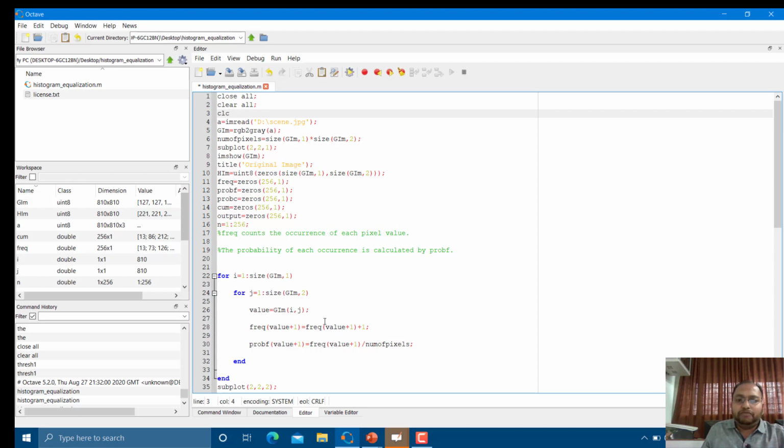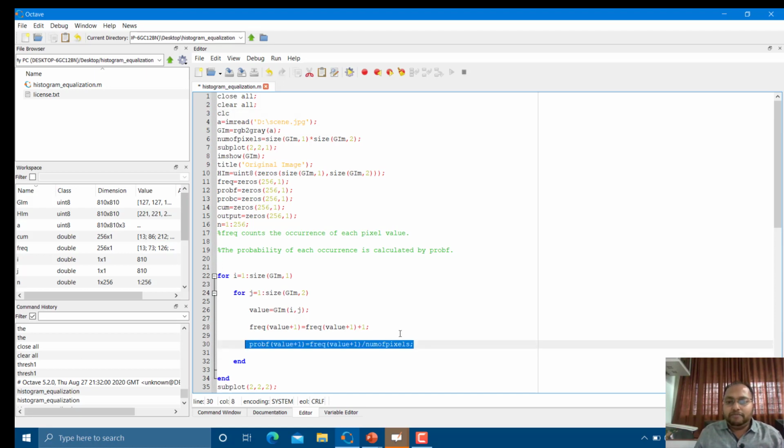Let us take the value, then calculate it. If the particular frequency is there, then it is going to increase the count of that particular frequency. Once we find the frequency, then divided by the number of pixels, I will be getting the probability of that particular frequency, right? That is nothing but the probability distribution function we are going to compute by means of this step.